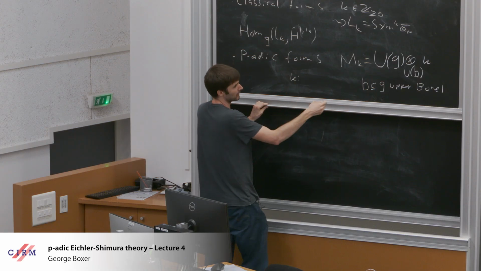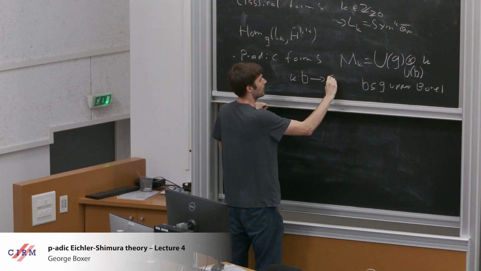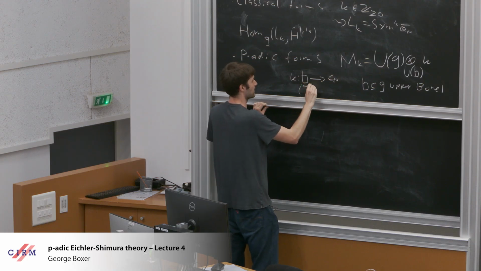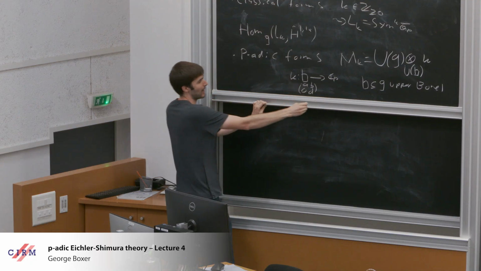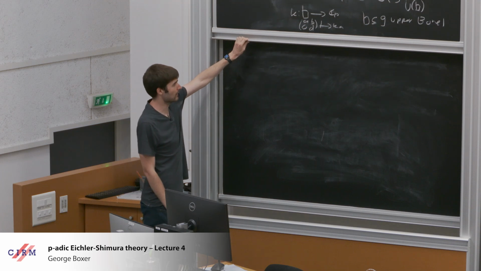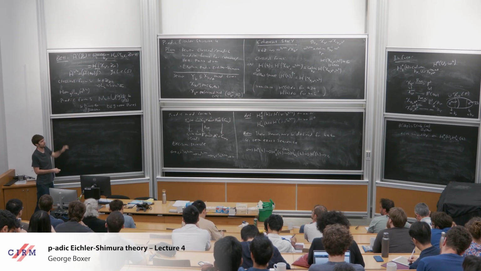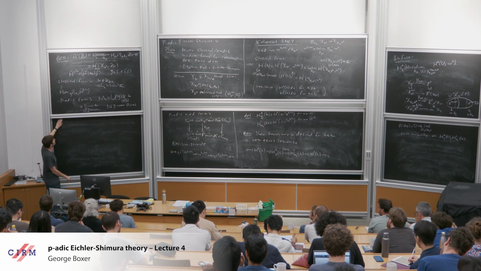This k is just going to be a character of this Borel, the one which sends this element of the Borel to k times a. If you like, this is meant to be the highest weight of the representation L_k when k is bigger than or equal to 0.